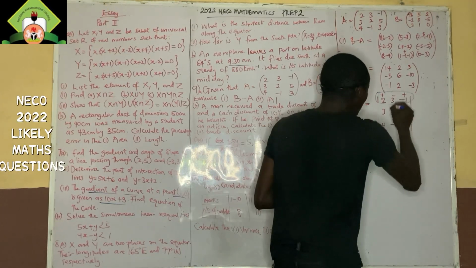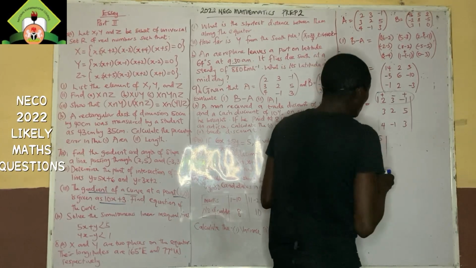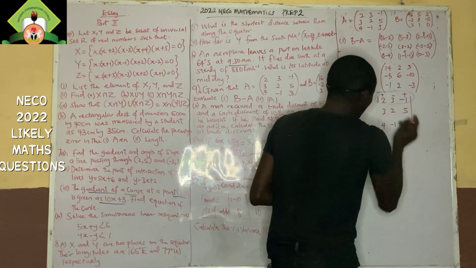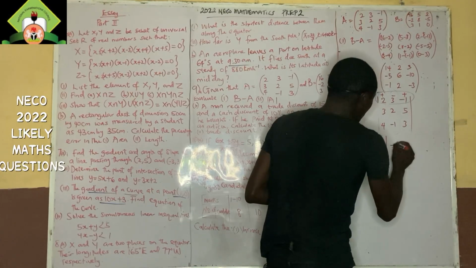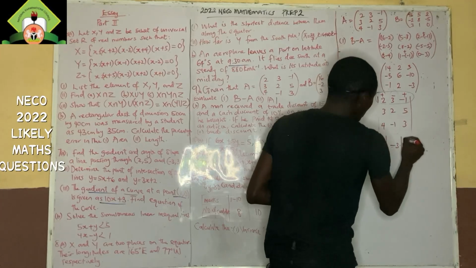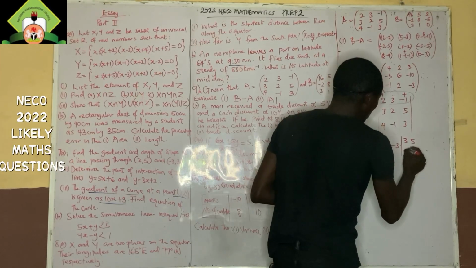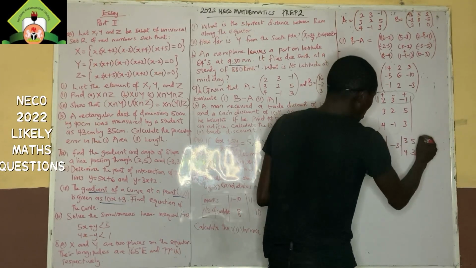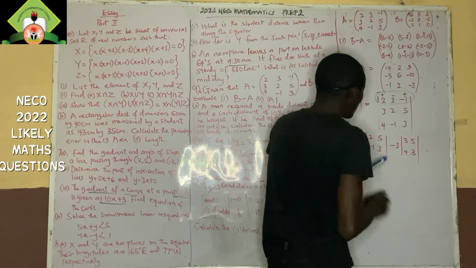Where is the second column? This is the second column. When you close the second column, the first entry in the second column is minus 3. Then what do we have left here? We have 3, 5, 4, 3. So you close it again.